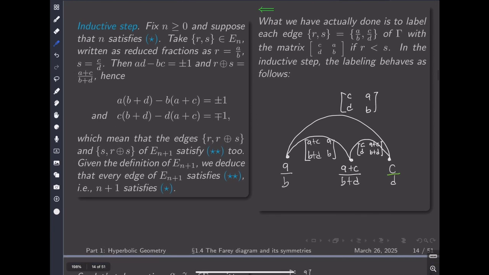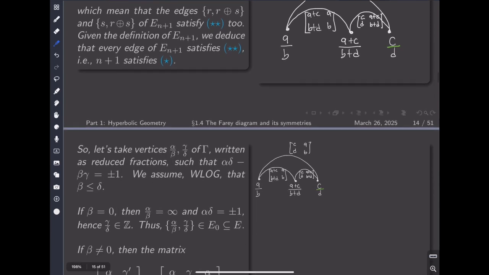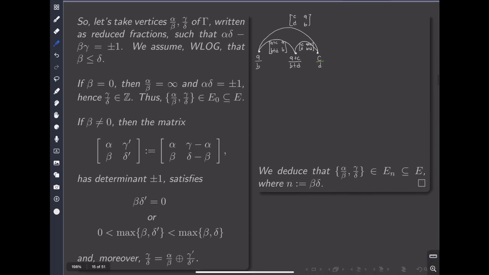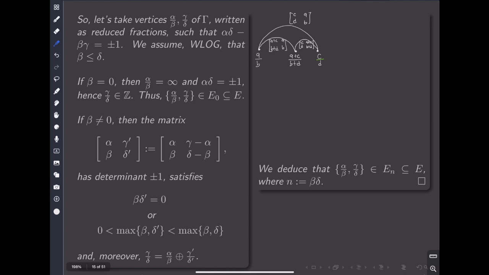And now we want to show that if the determinant is plus or minus 1, then there is an edge between the two given vertices.